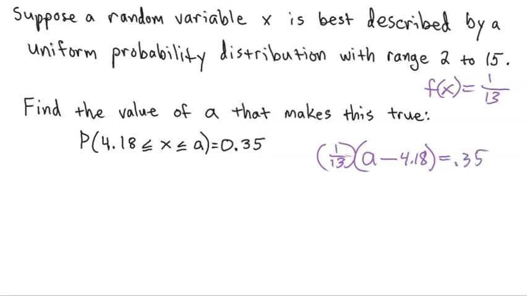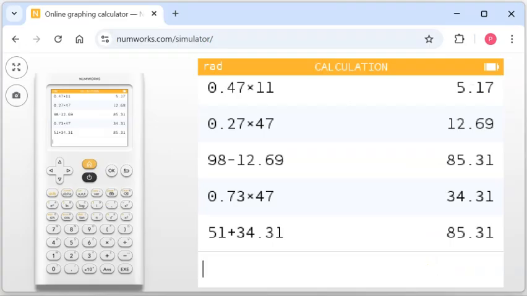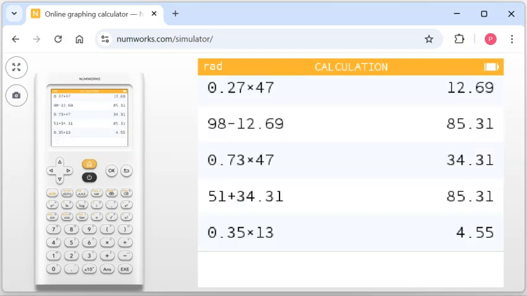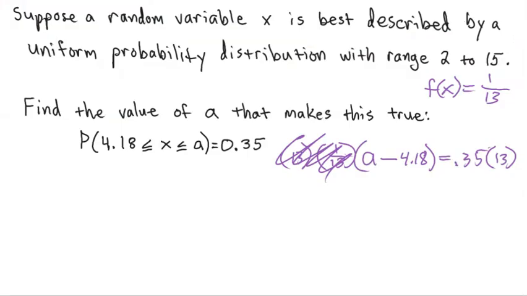We're going to solve it the same way. We're going to cancel the 1/13th. So we're going to multiply by 13 on both sides because it's still algebra. Over on the left side, it's going to cancel. And over on the right side, we want to do 0.35 times 13. That gives us 4.55.